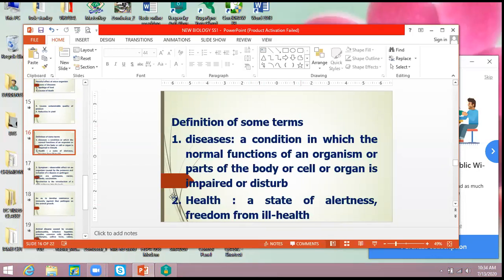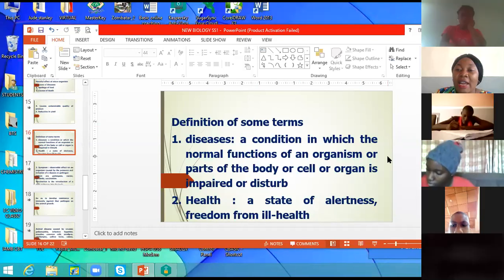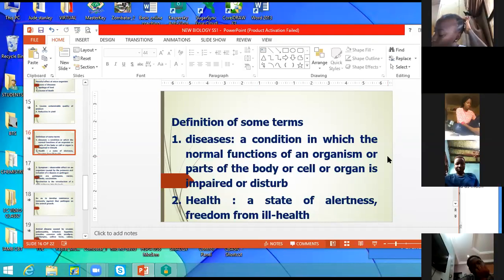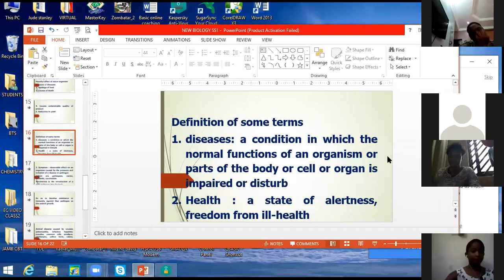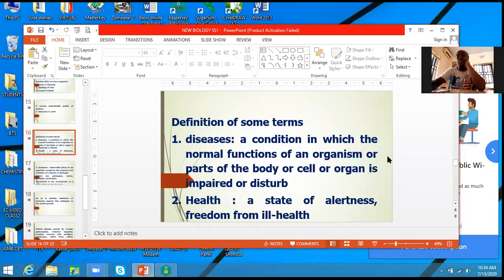Now, health. Health is a state of alertness or freedom from ill health. When you are not sick, you are in health. That is what we mean by health.